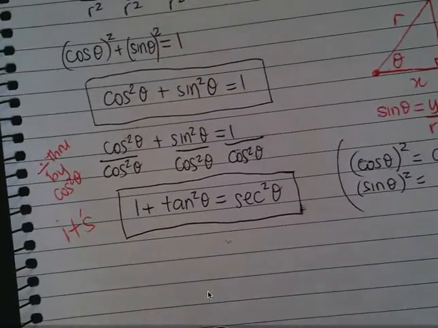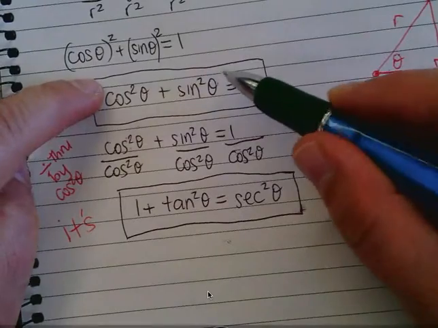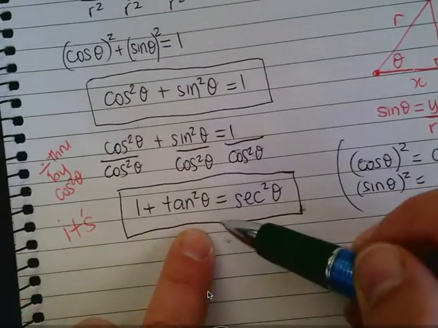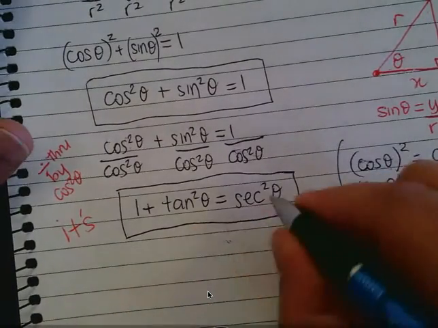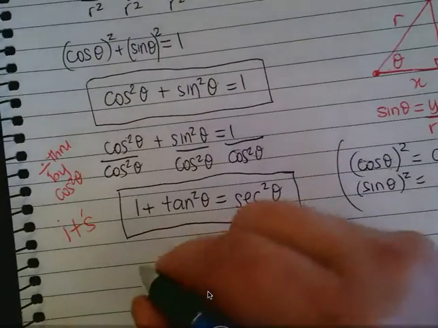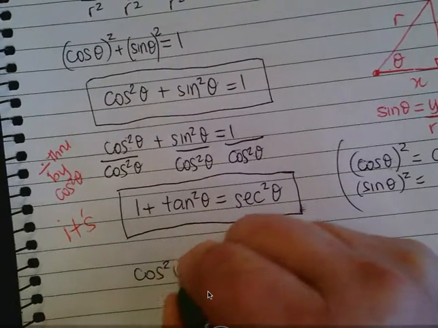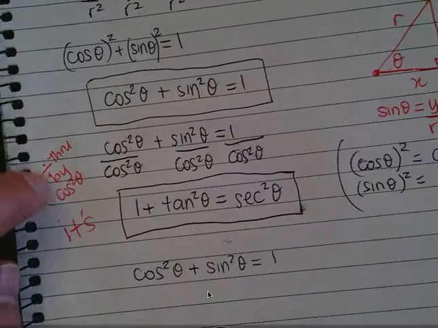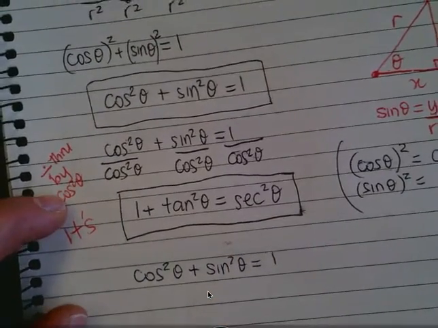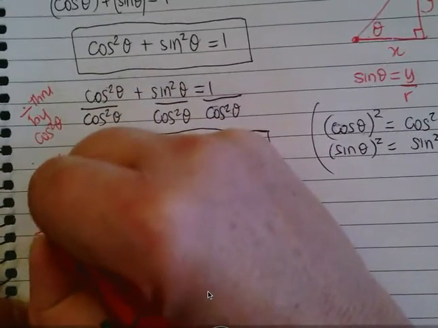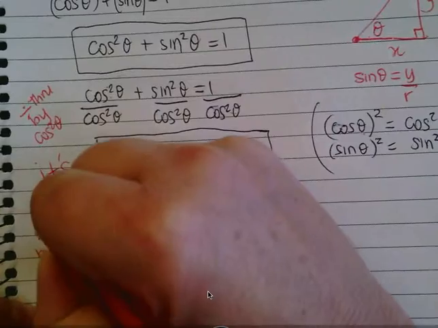Now the last one, so we've got cos squared theta plus sine squared theta equals 1. It's 1 plus tan squared theta equals sec squared theta, because sine's already gone. Do you know what I mean? And then, starting again with cos squared theta plus sine squared theta is 1, I divided through by cos theta that time. What do you think I'll divide through by now? Yeah, so divide through by sine squared theta.